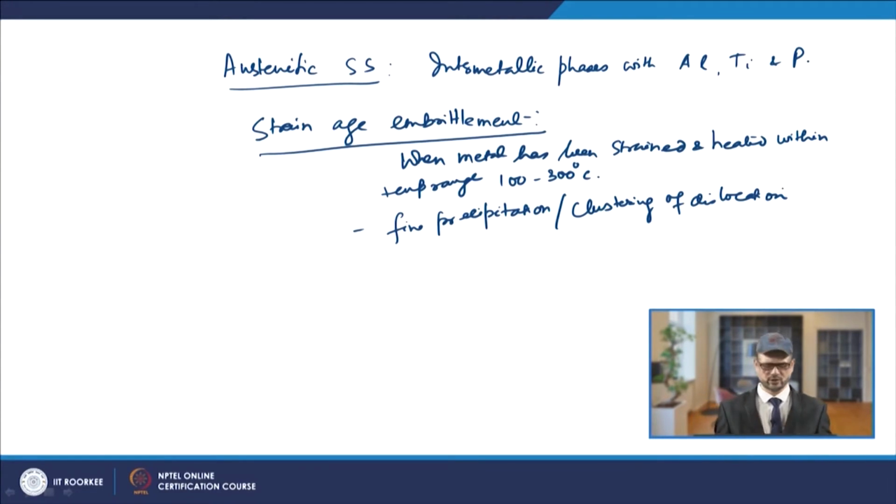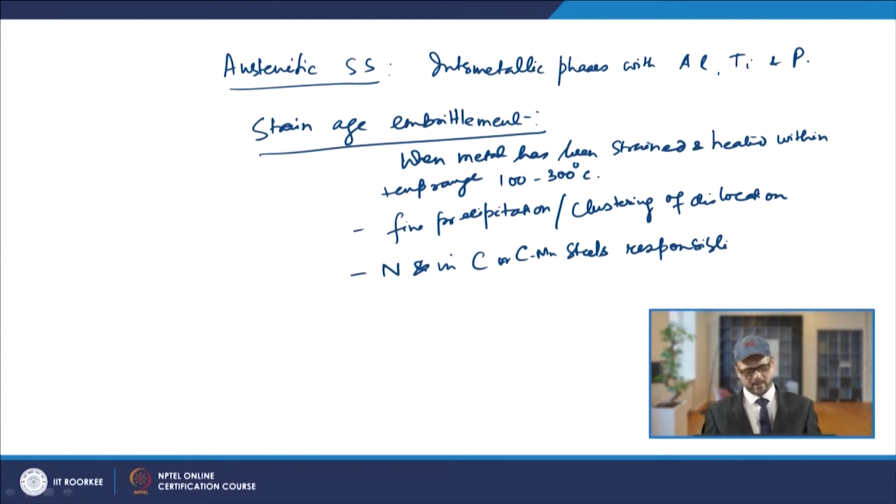When you are heating to this smaller range, strain age embrittlement is observed. Normally the presence of nitrogen or even carbon, as we had discussed, is responsible for this strain age embrittlement. So, nitrogen and carbon in carbon manganese steels is normally responsible for this behavior.